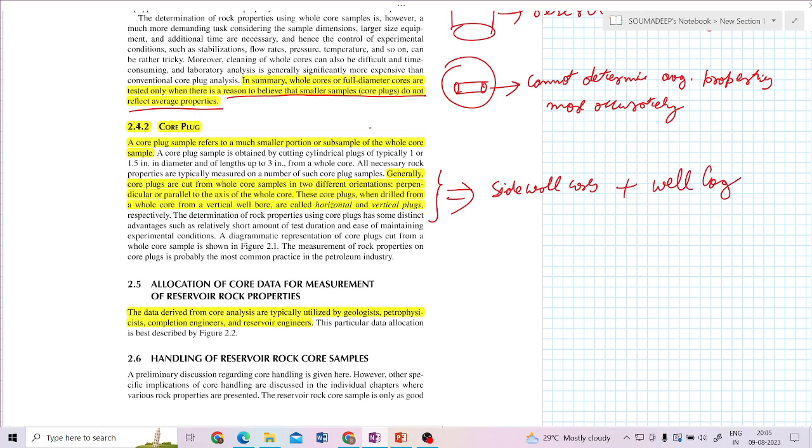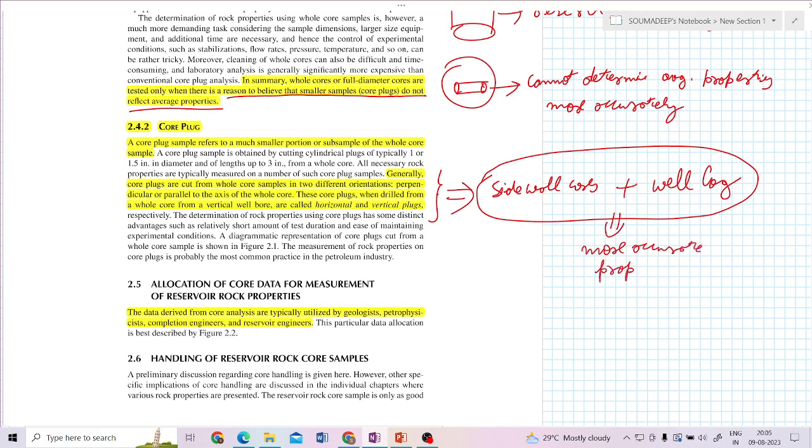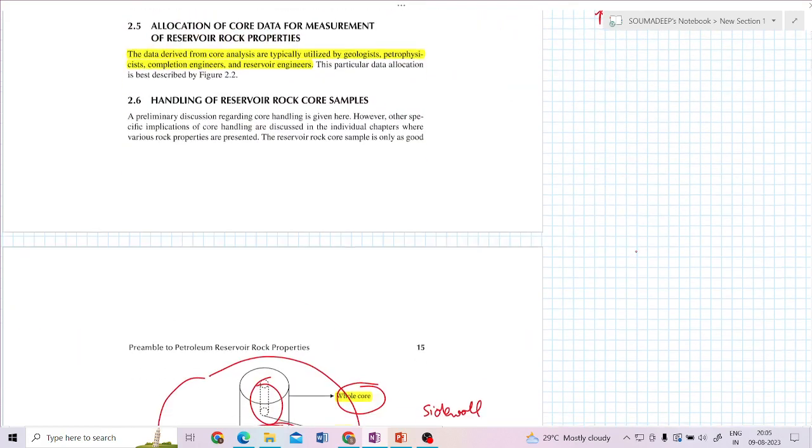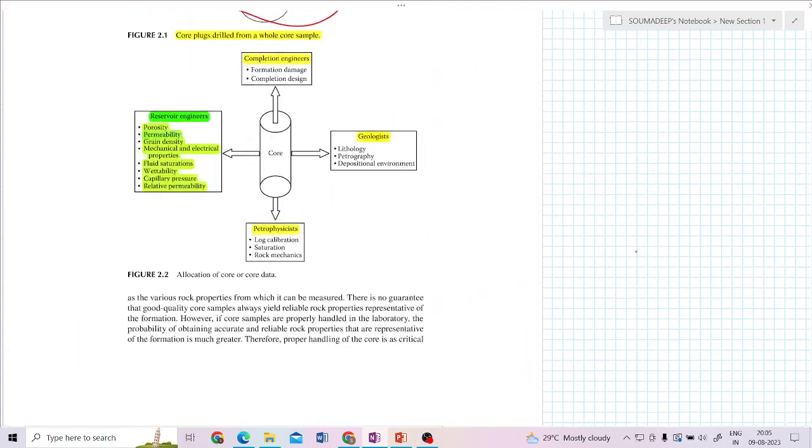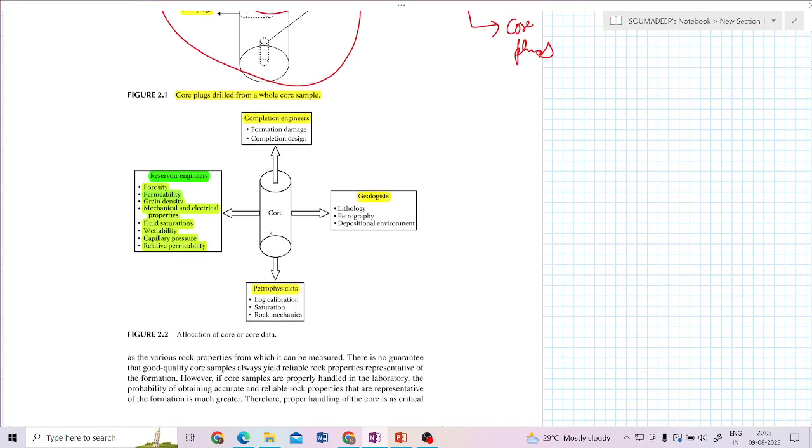We use them with whole core too, but with sidewall we must use them, as this gives us more accurate properties. What properties, we will talk about later. So basically, this is the core.